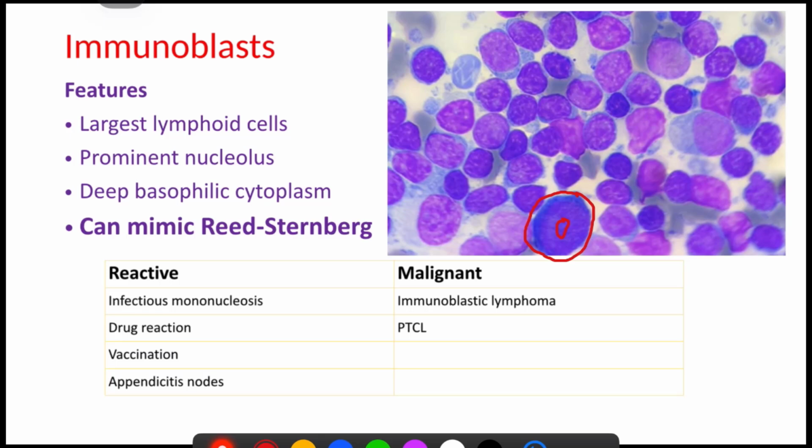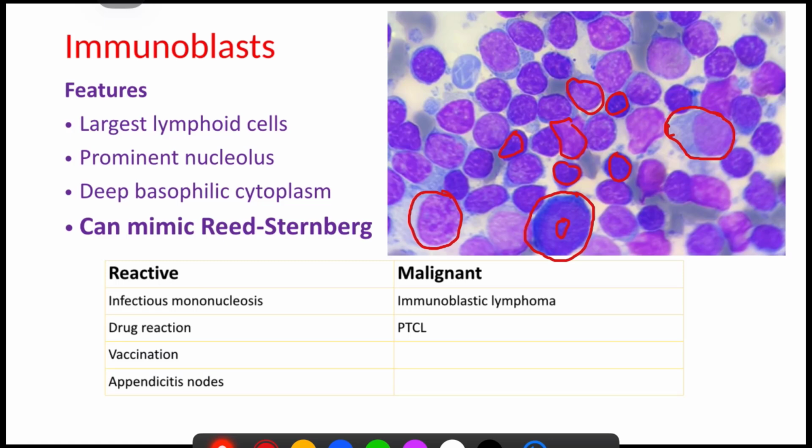So this is an immunoblast. This is also a large cell, but here you can appreciate a light blue cytoplasm. Here you cannot appreciate nucleoli clearly, but this is a centroblast. Here also this is a centroblast. This is a small lymphocyte here, and these are the cleaved cells, right? So this is centrocyte and centroblast.